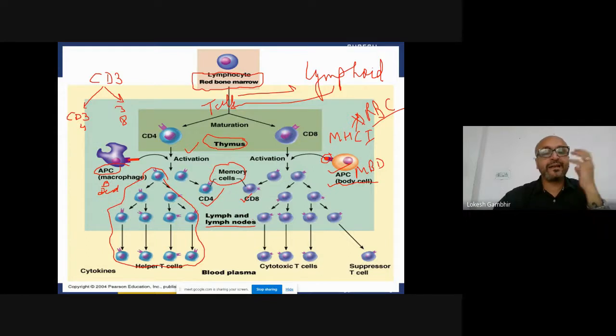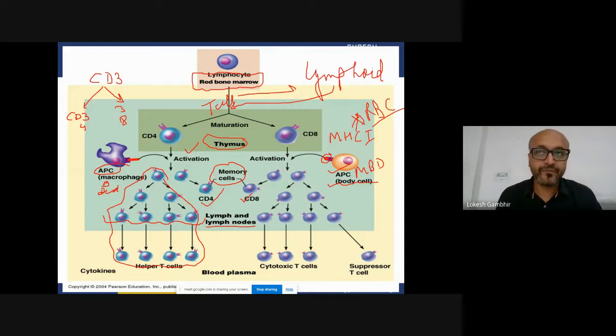Once this exposure happens, a single cell gets exposed and leads to the formation of multiple T cells of the same type. So a single cell will lead to clonal expansion.